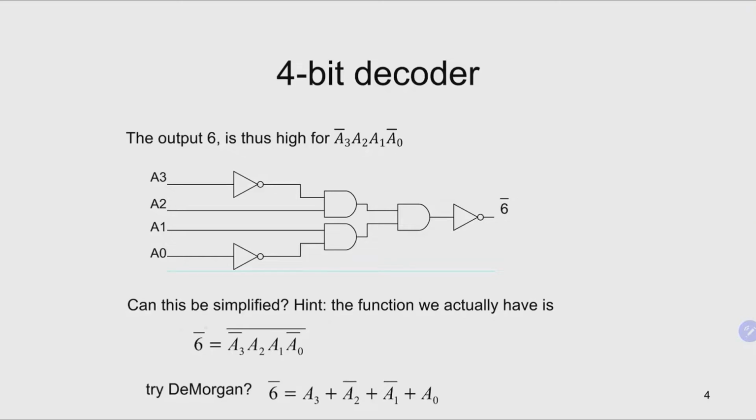And therefore, the Boolean expression for the output 6 to go low, we have this function here. And you can try to simplify this function by applying De Morgan's theorem over this function.